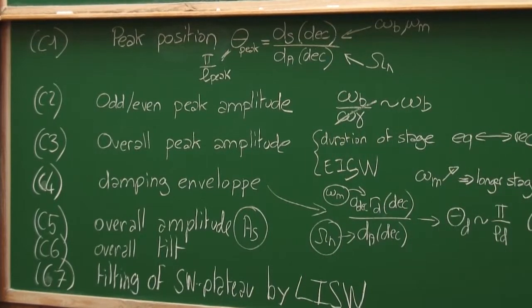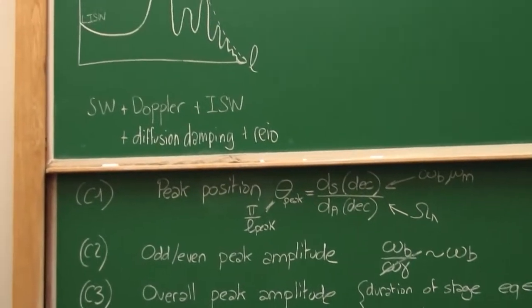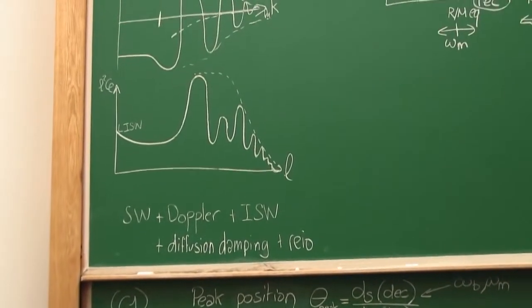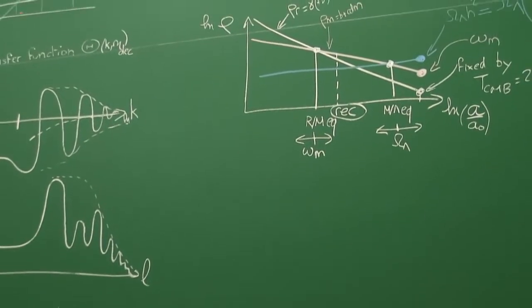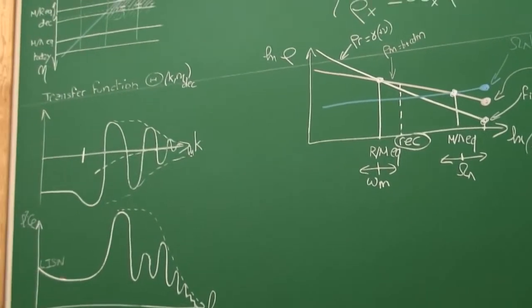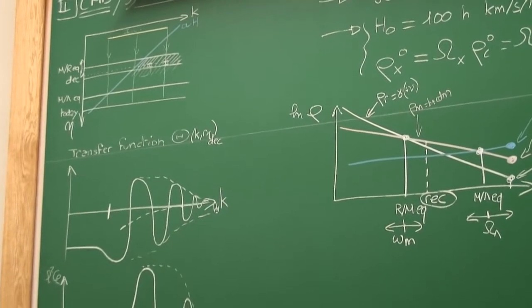I recall to you that the late integrated Sachs-Wolfe effect corresponding to this bending here comes from the fact that the metric fluctuations are decaying during lambda domination. If you increase omega lambda, this time of equality between matter and lambda will be earlier, so there will be more late integrated Sachs-Wolfe, and this will raise a little bit more. So there is only omega lambda controlling this.